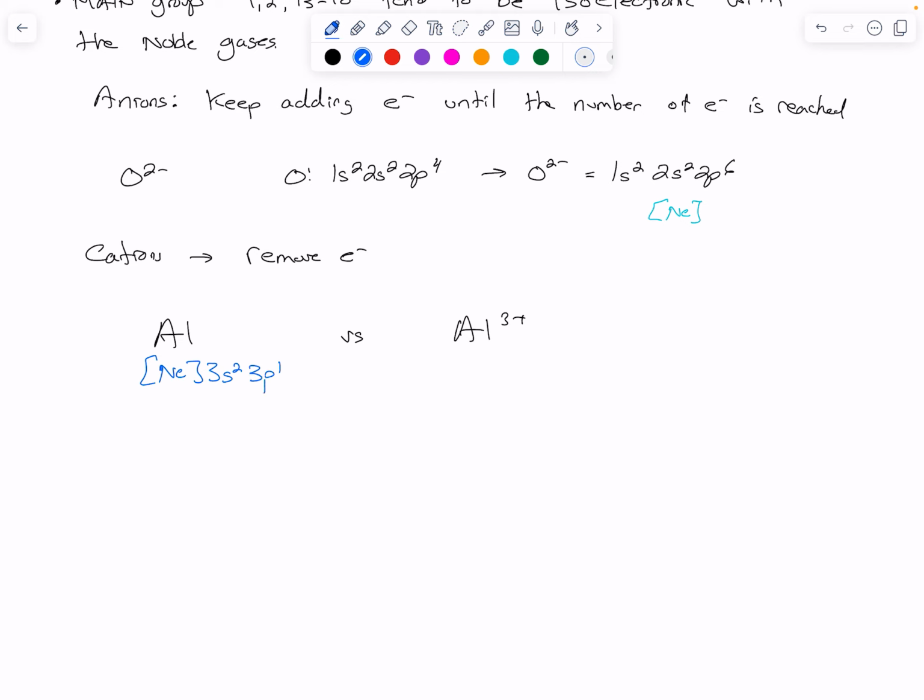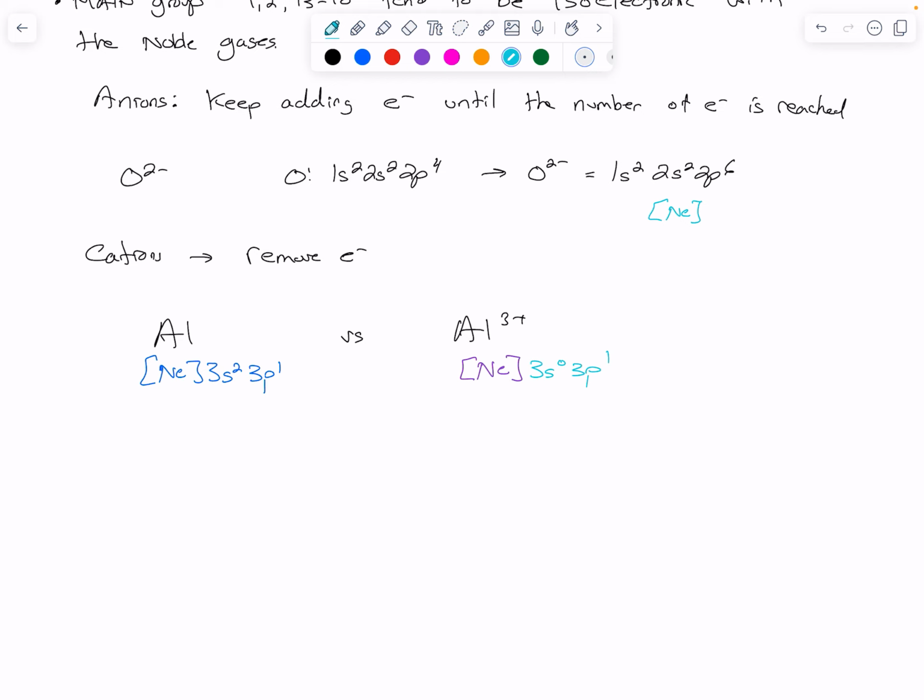Well, I'm going to remove 3 electrons. We're going to still have neon, but with 3s0, 3p1. So technically it's just isoelectronic with neon. And that makes sense.